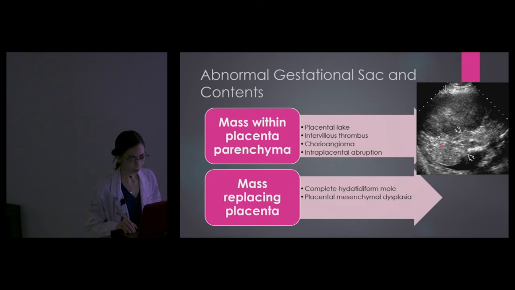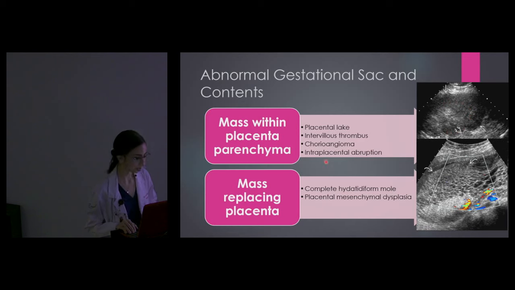An acute hematoma will be hypoechoic to the placenta, and as we know, blood becomes hypoechoic with time. And as we see in this image, the hypoechoic hematoma that is behind the placenta corresponds with an old retroplacental abruption.